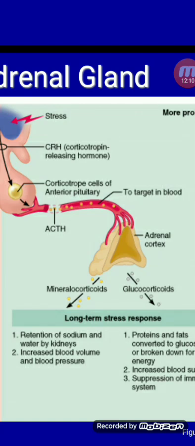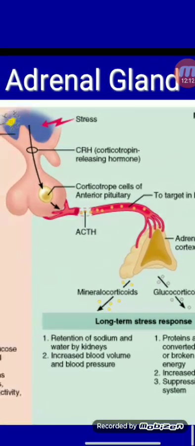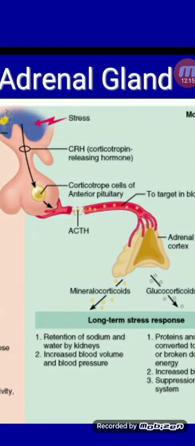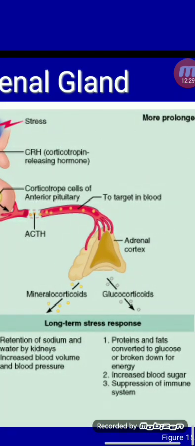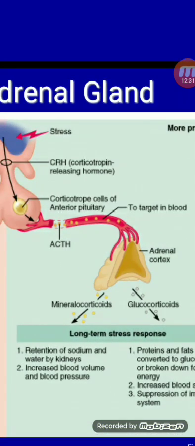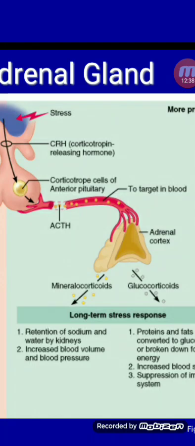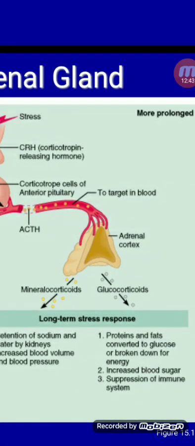Here, as the long-term stress response, take a look at corticotropin-releasing hormone from the hypothalamus to the pituitary, corticotropic cells of the anterior pituitary to target in blood, here the adrenal cortex, mineralocorticoids and glucocorticoids.